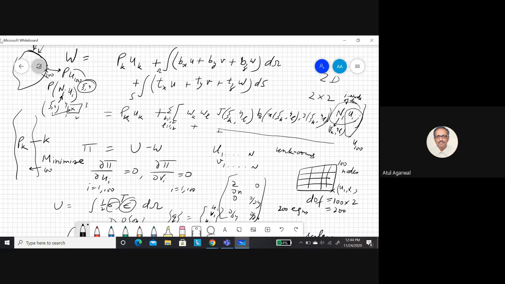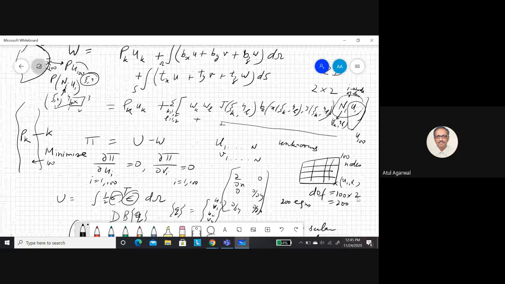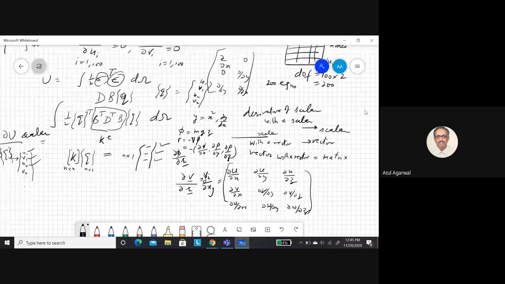So this way you will generate this vector, which is coming from the derivative of the potential terms. So this potential term derivative will generate the right hand side, and derivative of u will generate the left hand side stiffness matrix multiplied by unknown displacement field vector. So that's the trick of handling these problems. Any questions?